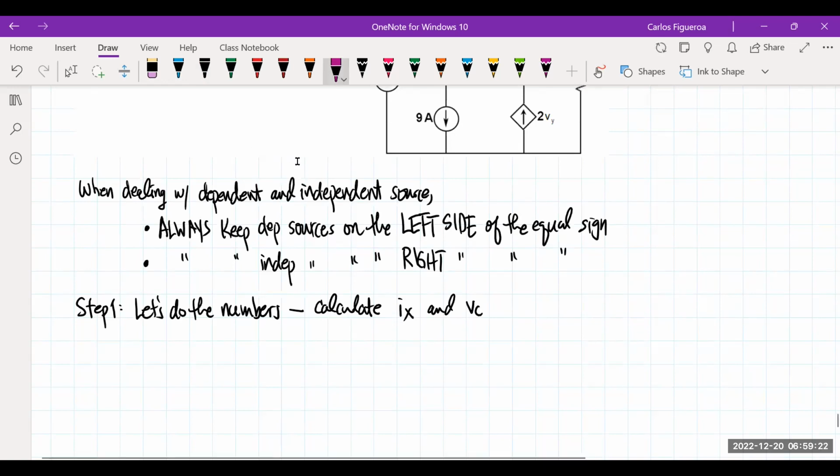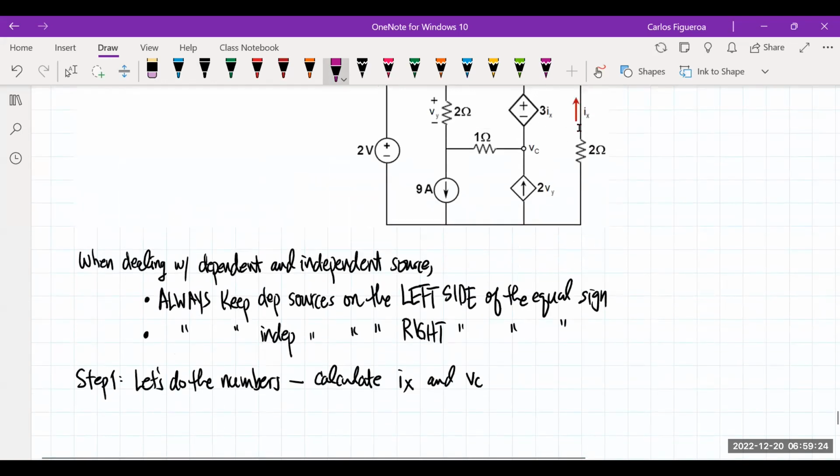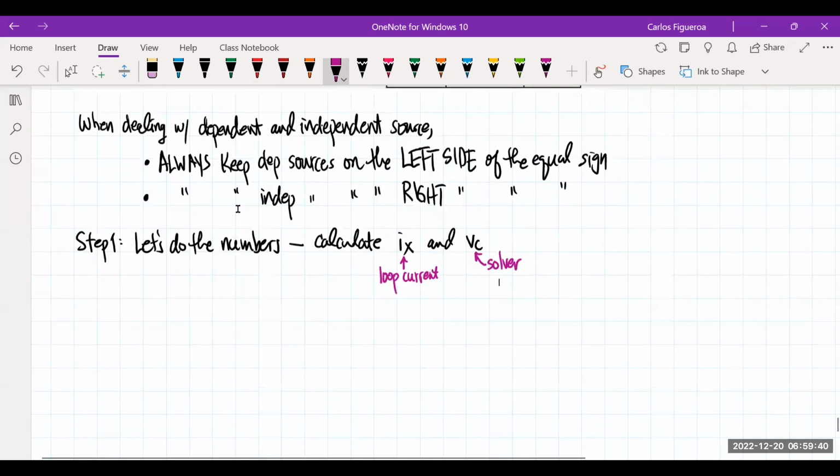When you look at Ix, note that Ix is this right loop, so this is automatically going to be a loop current. And this Vc is going to require a solver equation. So let's set this up.